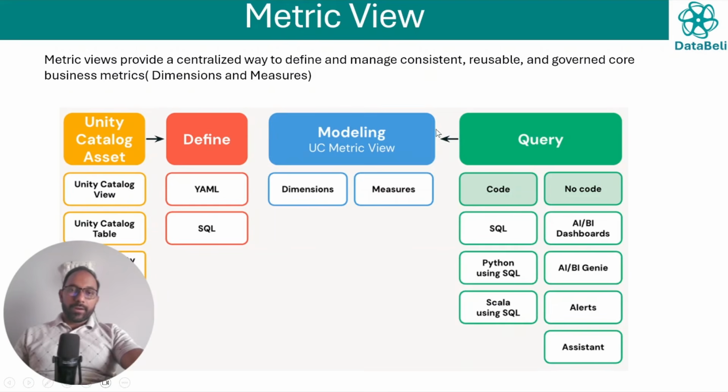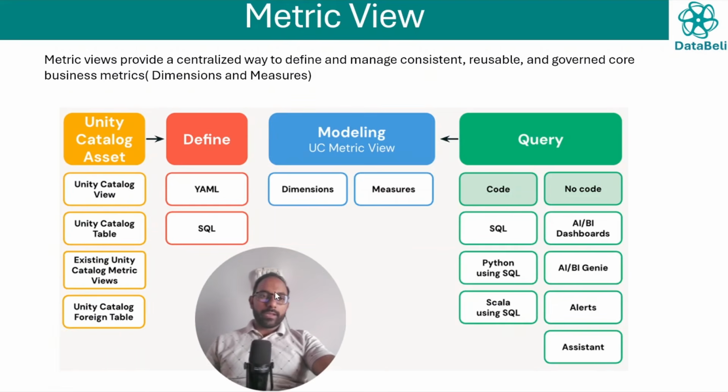Technically, how it works is that we have our Unity Catalog views and tables that we currently have. It also supports other metric views and foreign tables. Then we define a metric view using a combination of YAML and SQL. Here we won't write the code manually. We will use the Genie code. But this is what is used to define a metric view. When we define it, we define the dimensions and measures there.